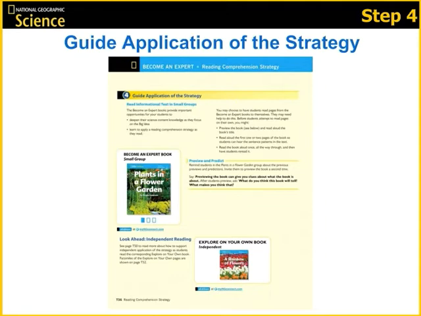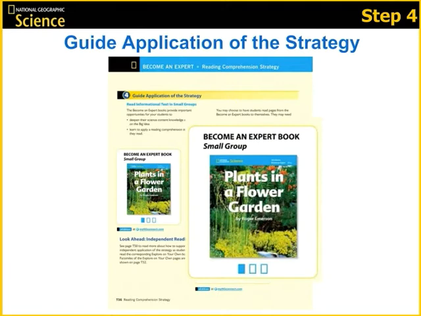There are low, medium, and high Become an Expert books for each unit as indicated by the color coding and rectangles. You can group your students by reading level, interest, or mixed collaborative groups.